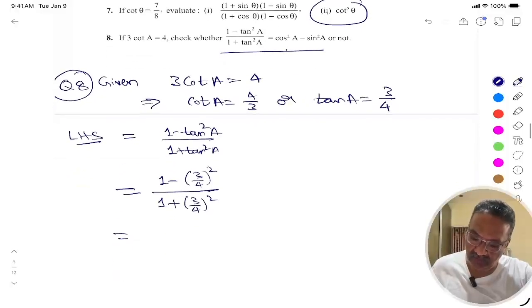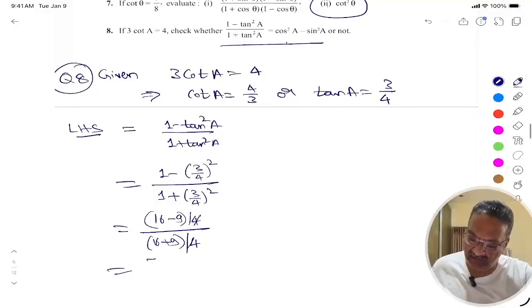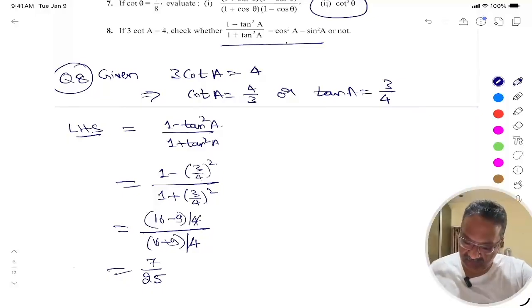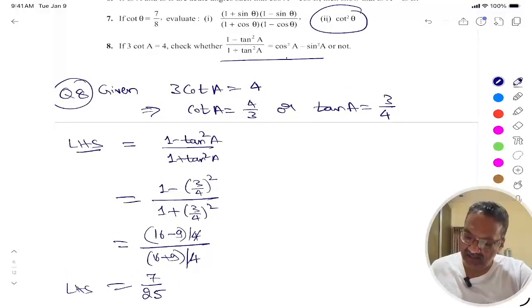This is equal to 16 minus 9 by 4 divided by 16 plus 9 by 4. The 4 by 4 cancels. This is 7 by 25. This is LHS. To find the RHS, we want the value of cos A and sin A.